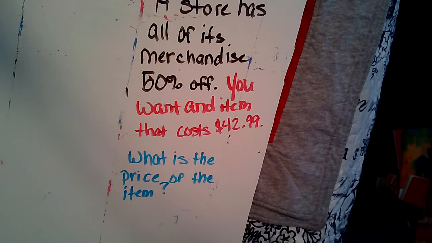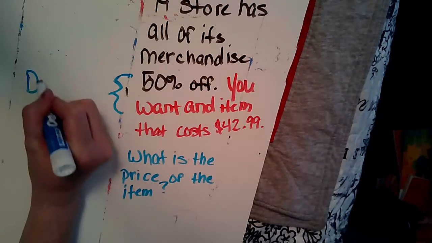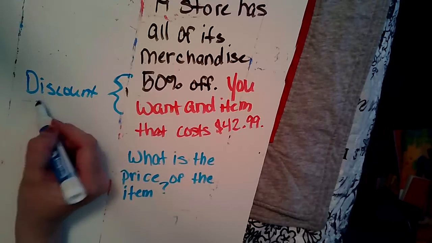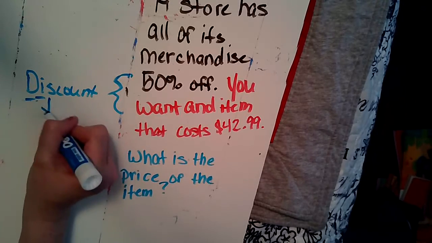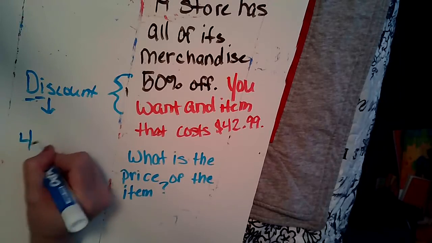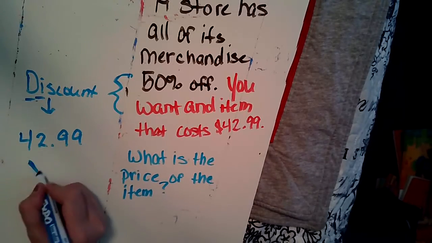So remember that this goes back to this idea of discount, which means we don't include into your total, but you subtract it from your total, right? So this does involve multiplication. So you have to take 42.99 and multiply it.